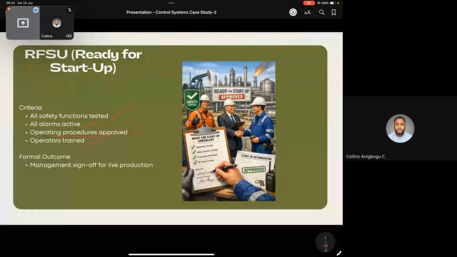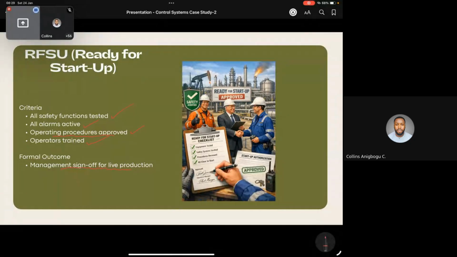And the formal outcome is that the management signs off for live production, right? So you've introduced your process, and the management agrees that, okay, you have delivered what you're supposed to deliver, right?